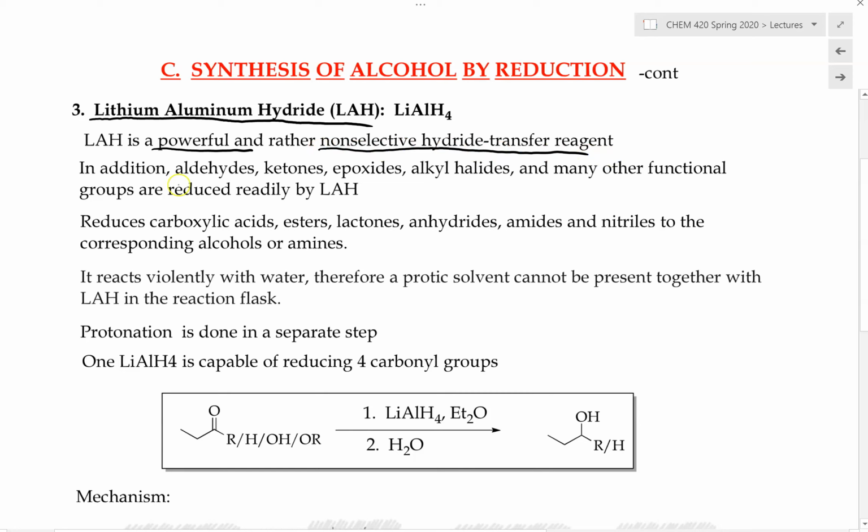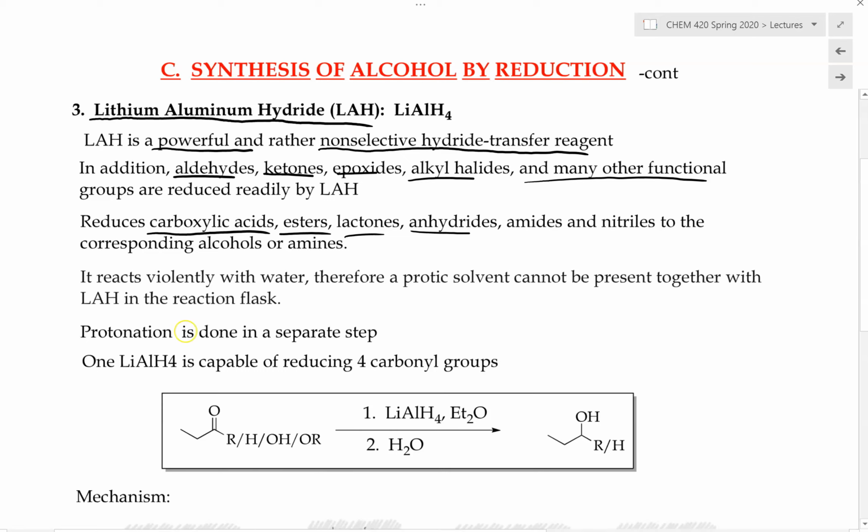In addition to the aldehyde, the ketone, the epoxide, the alkyl halide, there are many other functional groups that can also be reduced by lithium aluminum hydride. It can also be used to reduce carboxylic acid, ester, lactone, amide, pretty much all carbonyl functional groups. Now, this is not strong enough to reduce the alkene, so that's its selectivity. It can be used to reduce all carbonyl derivatives, but not the alkene.